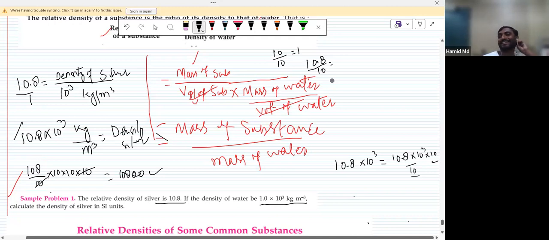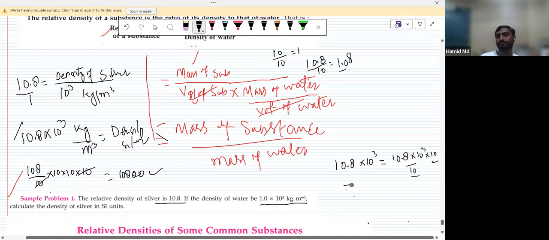It's 1.08, right? Now if we write it like 1.08, it will sound a bit scientific.